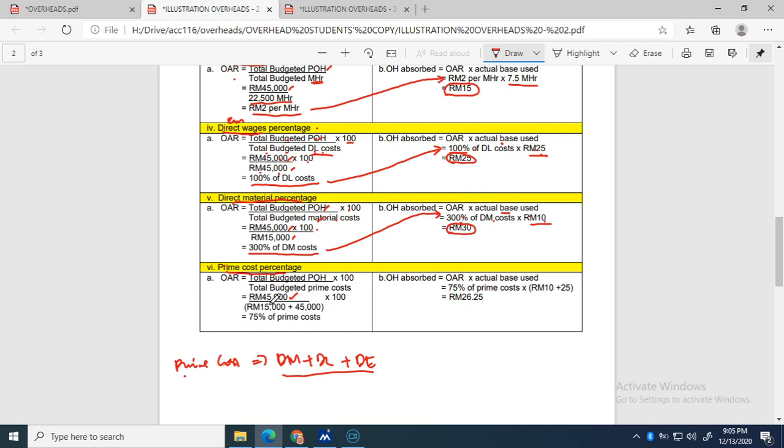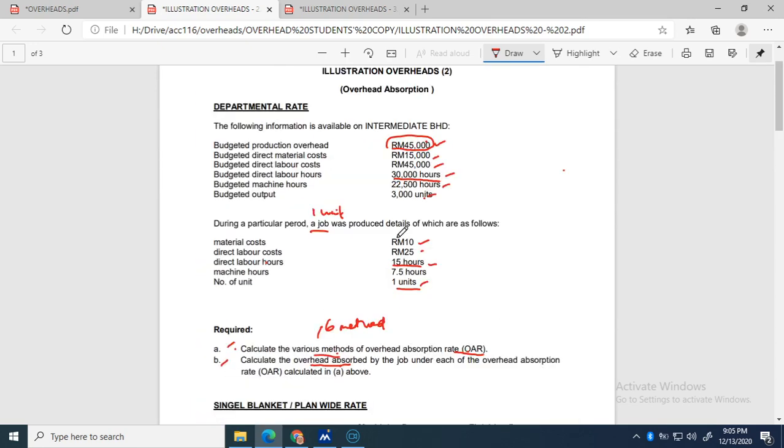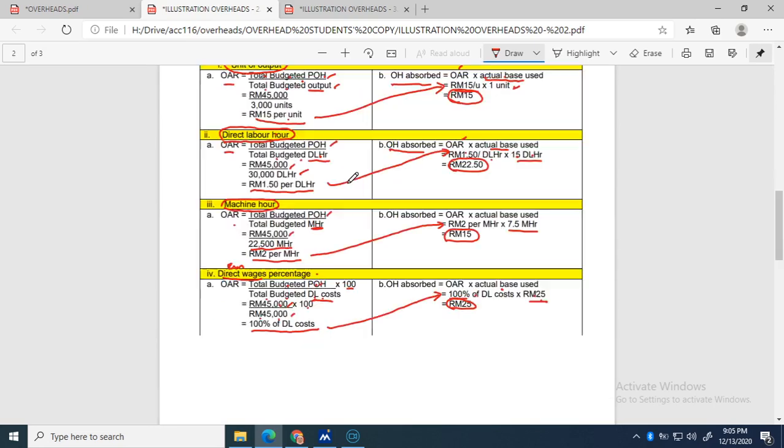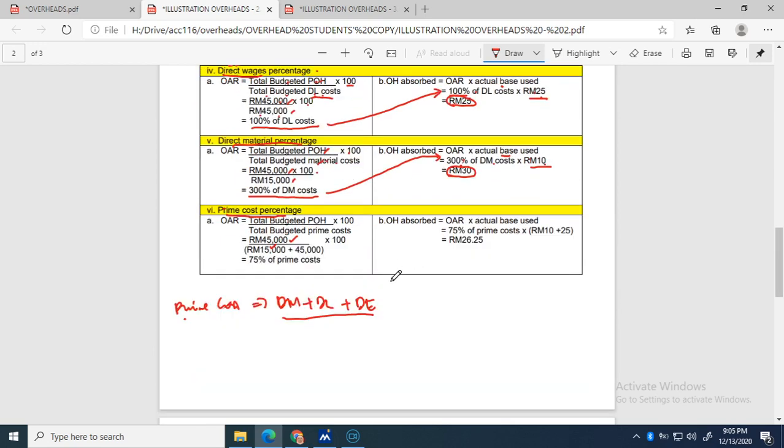Material cost is 15,000 and direct labor cost 45,000. There are no direct expenses, so it's only two. If you have direct expenses, you have to add them also. So 45 divided by 15 plus 45, times 100, you get 75% of prime cost.